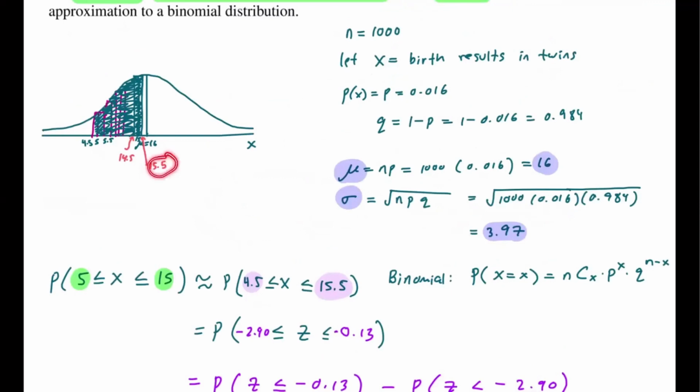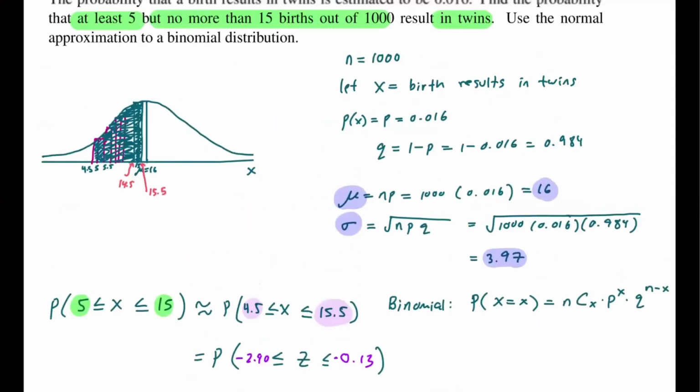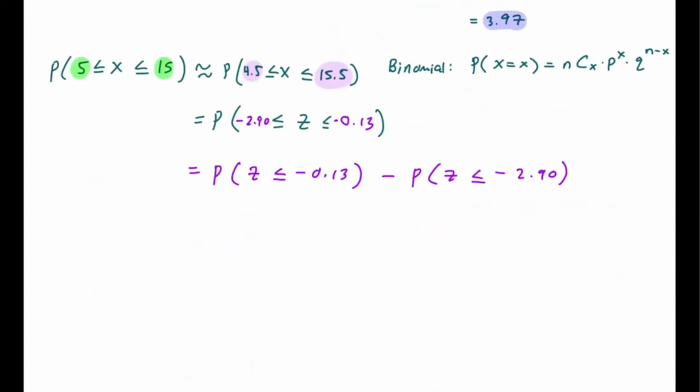So when you find the area reading of negative 0.13, you get the area from here covering all of that under the curve. So all of this region. But we're not interested in all of that. We just want in between, right? So you find that area first. Whatever this is, you're going to subtract this area, because this will correspond to everything from here. So for this x value, the z is negative 2.9. So we get everything from here to below, all of that. So we can subtract away, so we get only just between them. That's what we want.